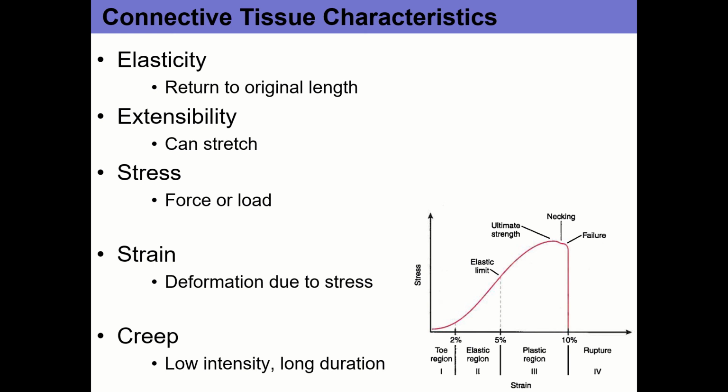And they'll just lay like that for 10, 20 minutes. And when they do that, that low intensity, long duration stretch will actually cause a realignment of those collagen fibers, and it'll cause them to increase in length. And so when we do that, that allows then hopefully full knee extension to return. All right, so those are our characteristics.